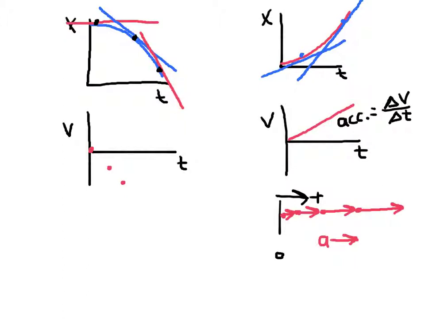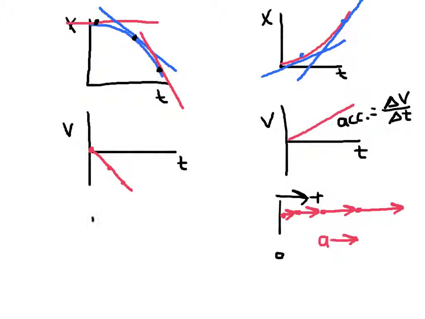And so what do we see? We see that our velocity values are getting larger but more negative. Again, larger again, but more negative, further away from the zero value of the velocity. And so we could connect those, and we see we have a straight line graph. But now we have a negative slope here because the velocities are getting more negative, because the slope of the xt graph is getting more negative.